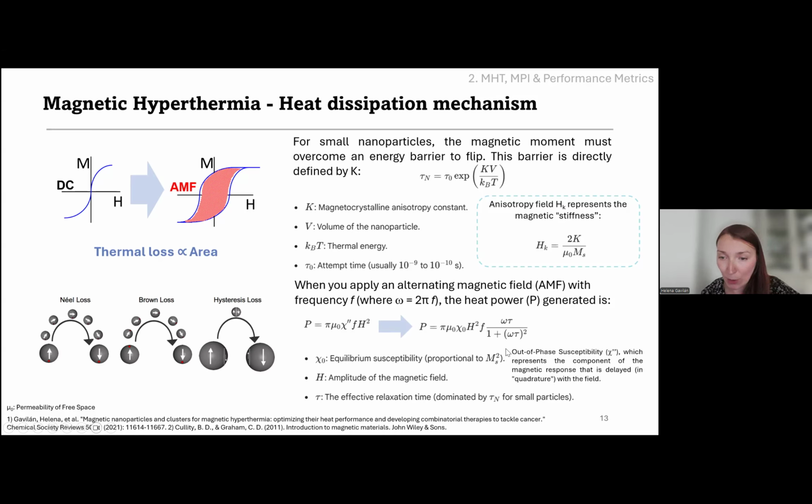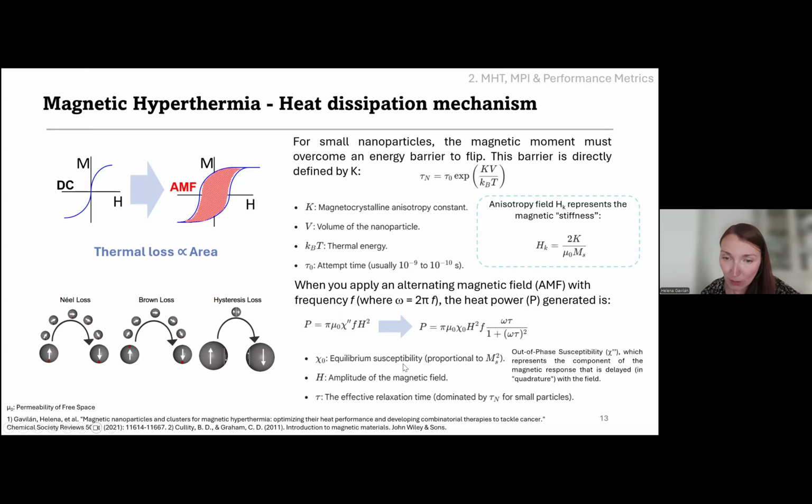And we have the out-of-phase susceptibility, chi double prime, which represents the component of the magnetic response that is delayed in quadrature with the field. This means that in order to achieve some heat dissipation, there has to be a lag between the nanoparticle and the alternating magnetic field applied.